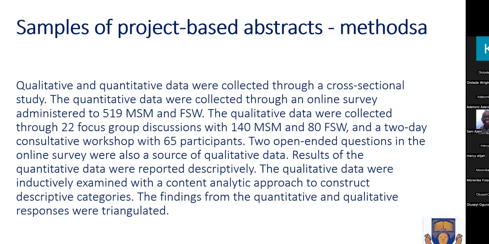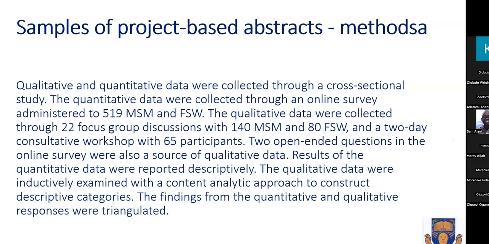So let's look at this. Study design, is it there? It says it collected qualitative and quantitative data through cross-sectional studies. I would frown at it because you usually will not collect qualitative data through cross-sectional studies. Study population, it says there.